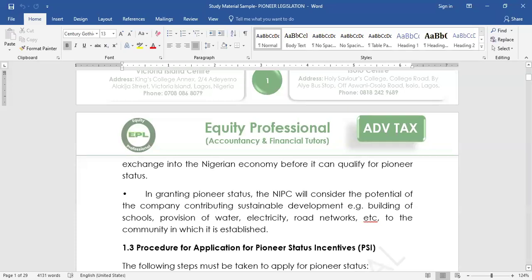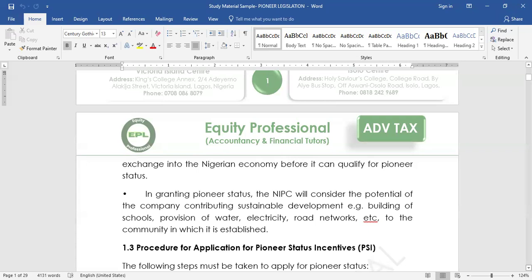That one has to do with corporate social responsibility, CSR. That company should provide water. That company should assist in terms of electricity. That company should assist government to build more schools. That company should assist government to construct road networks. If such a company has that objective of doing that, that means they will be qualified for being given a pioneer status.